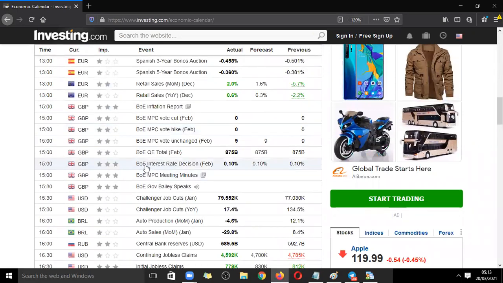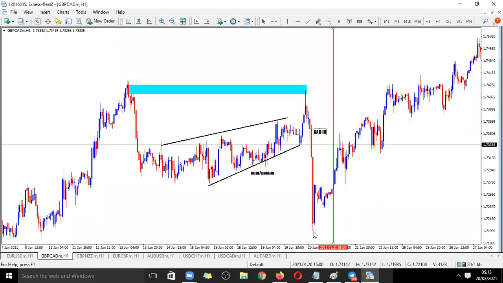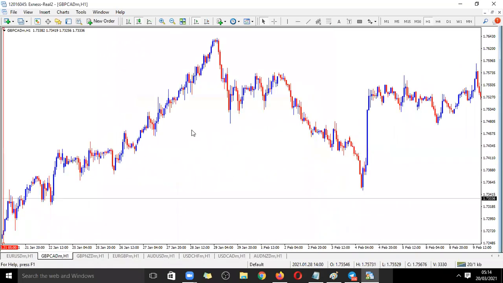The Bank of England released its interest rate decision right there. Let us backtrack and see what actually happened. That's the 4th of February. I'm just going to use the same pair, British pound Canadian. Perfect. Now this is the 4th of February. You can all see what happened there.